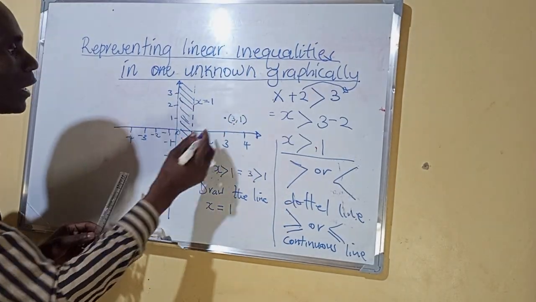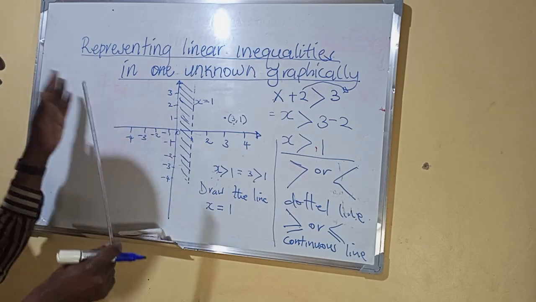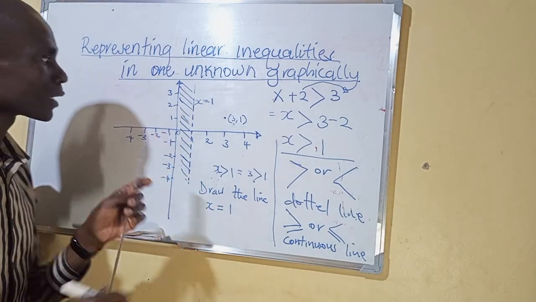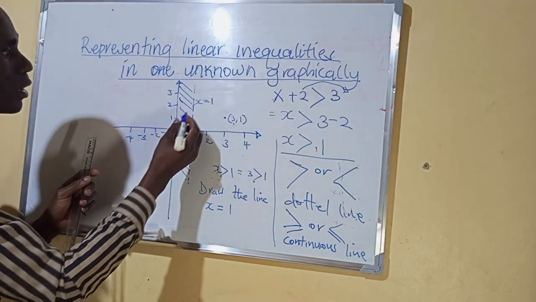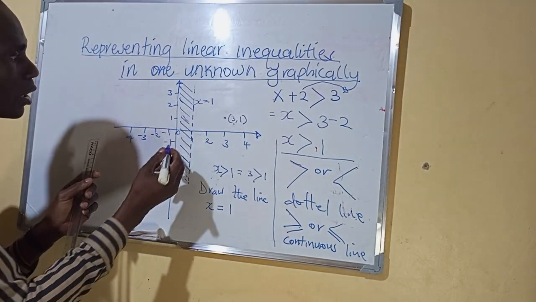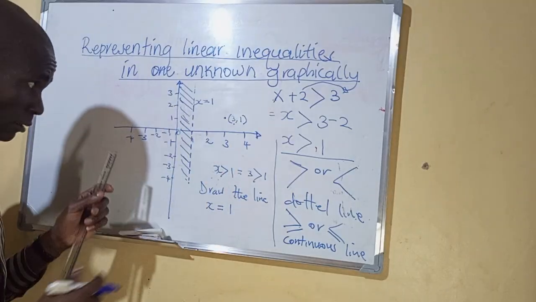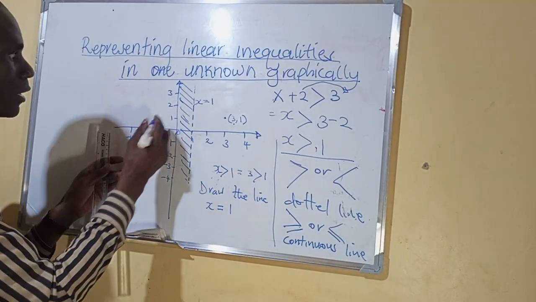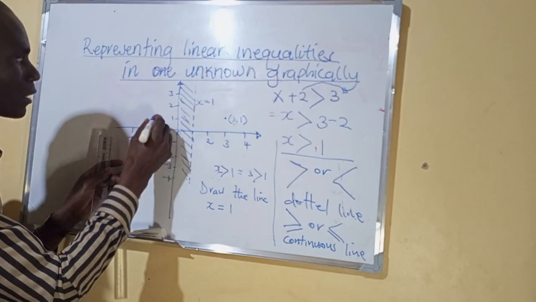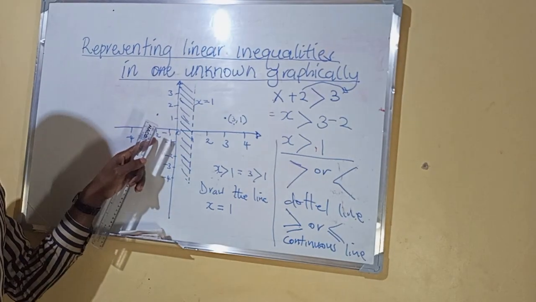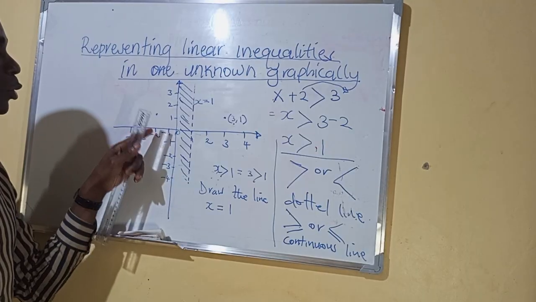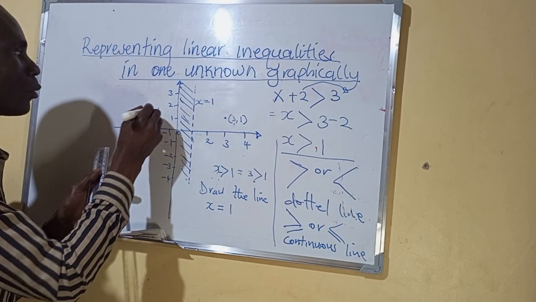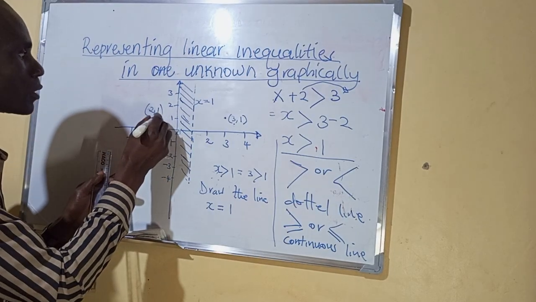Now if you pick any point on the left hand side of the line x equals 1, let's see, maybe any point beyond this area here, let's say maybe the part like here. So this is (-2, 2), (-2, 1). I mean this point here.